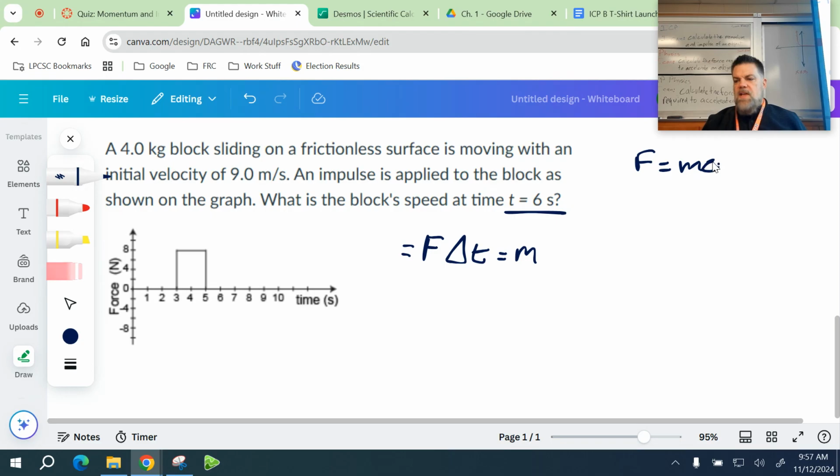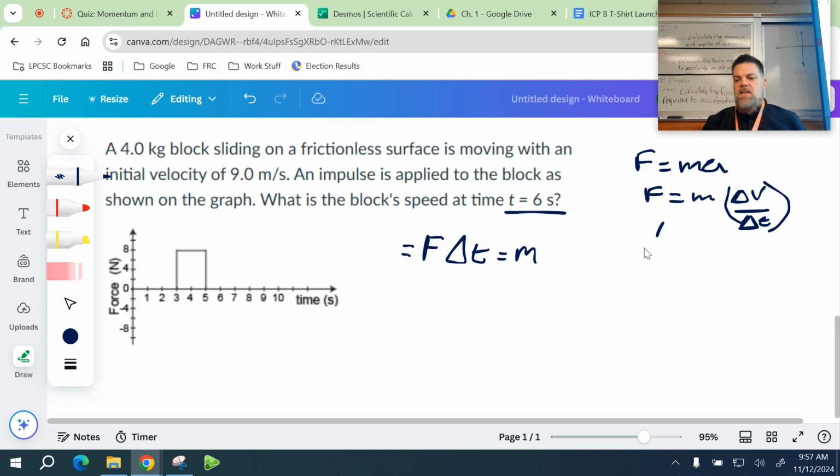Newton's second law is that force is equal to mass times acceleration, right? Well, really, that's the change in velocity over the change in time, right? So we could say delta V over delta T, right?